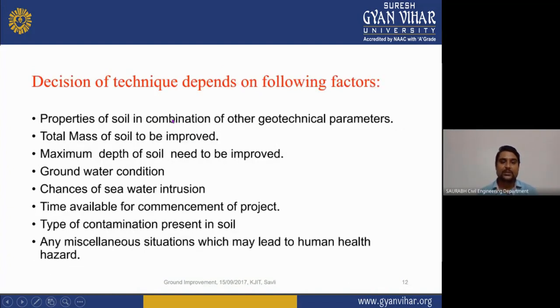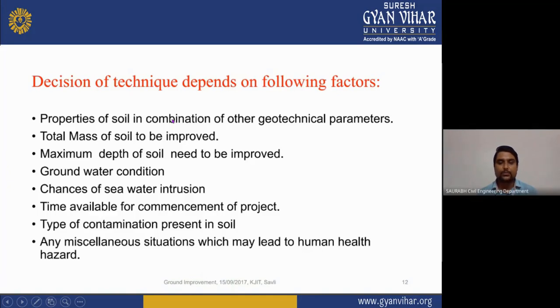What should be the decision of technique? What factors should be involved in the decision taking? As you can see here, first one is properties of soil in combination with other geotechnical parameters.